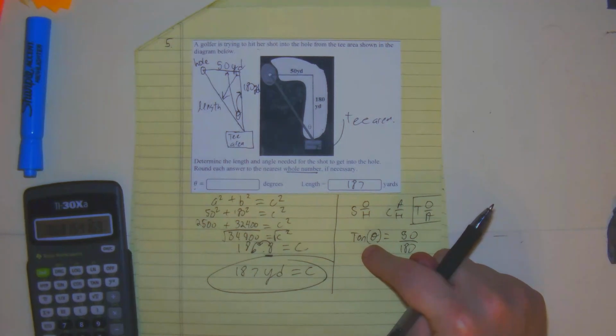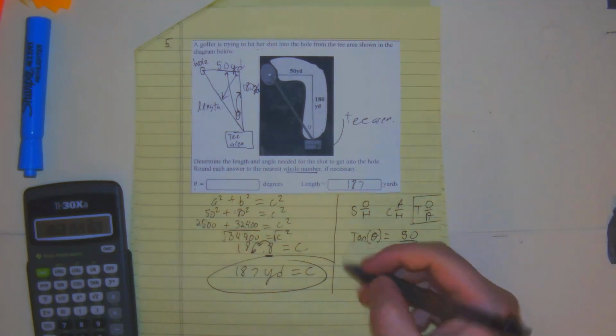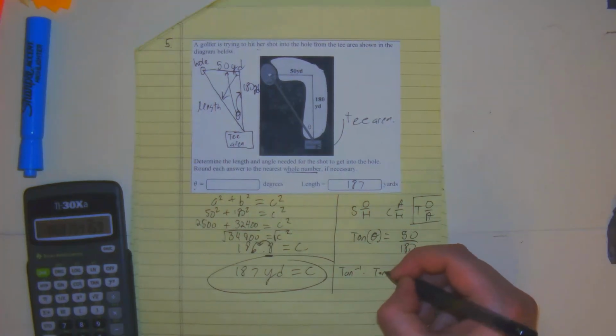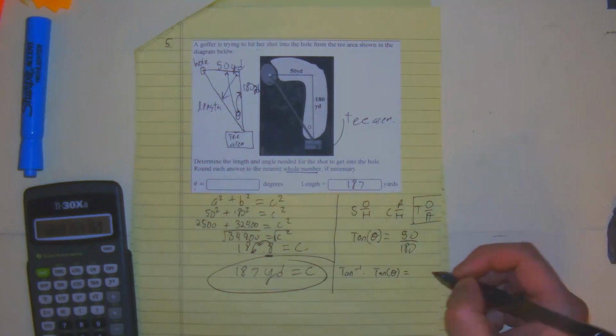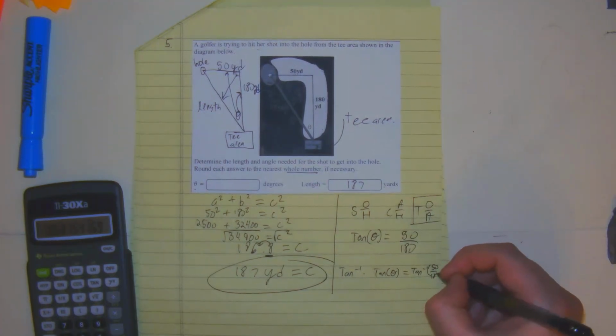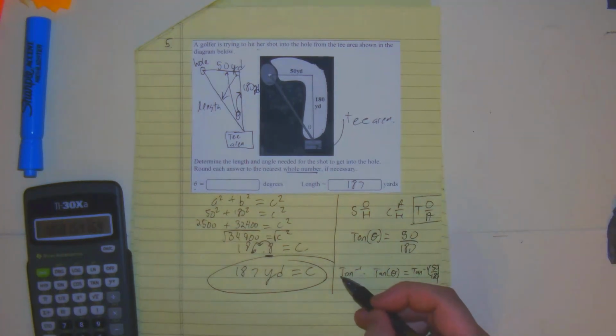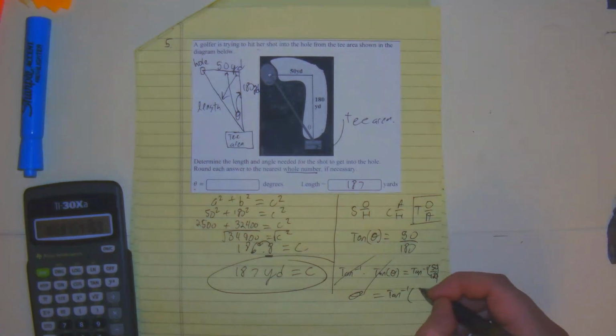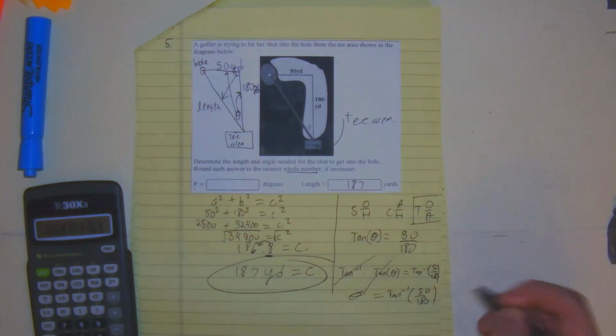Here we don't know what theta is, so we need to get theta isolated. The inverse of tan is arctan, so we're going to multiply both sides by arctan. That cancels, this cancels. We get theta is equal to arctan of 50 over 180.